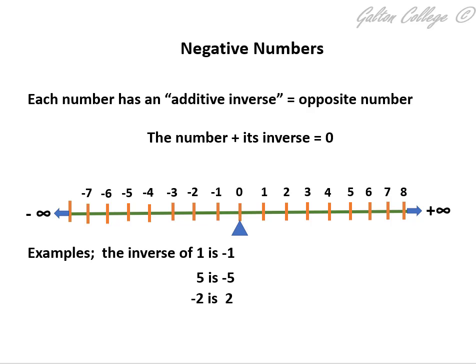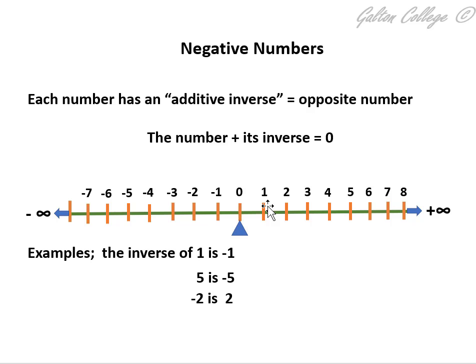Each number has an additive inverse, which is equal to the opposite number. So a number plus its inverse is equal to 0. We said that earlier. Example. The inverse of 1 is minus 1.